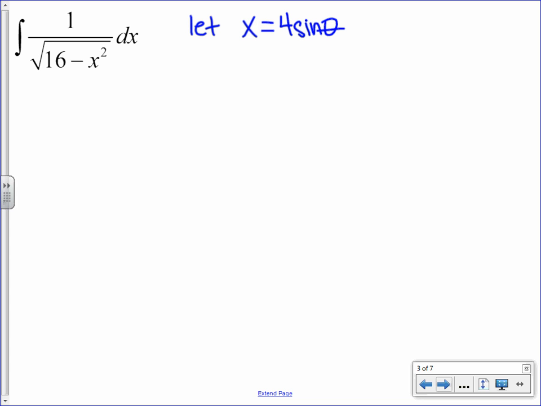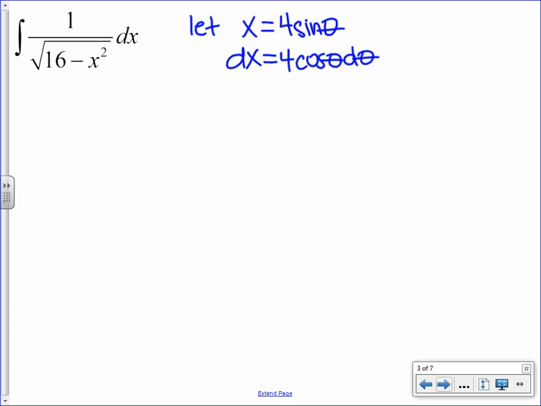We could let x be 4 sine theta, which means dx is what? 4 cosine theta. Okay? In order to be able to do the substitution, we also have to replace dx with something. Right? Just like we do with u and du. We have to replace u and du. Here we're going to replace x and dx.